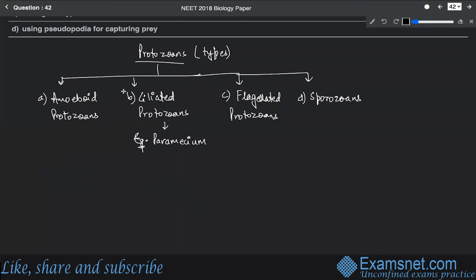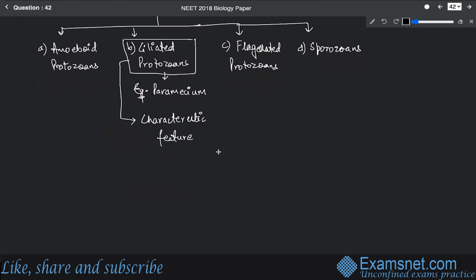Since here it has been asked about the ciliated protozoans, we will be focusing on this part. Now these ciliated protozoans have a very characteristic feature, and that characteristic feature is the cilia.